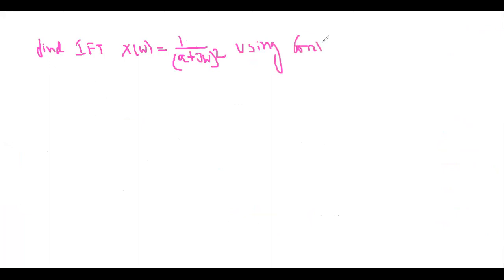Take the next one. Find the inverse Fourier transformation of x of omega is equal to 1 by a plus j omega whole square using convolution property.